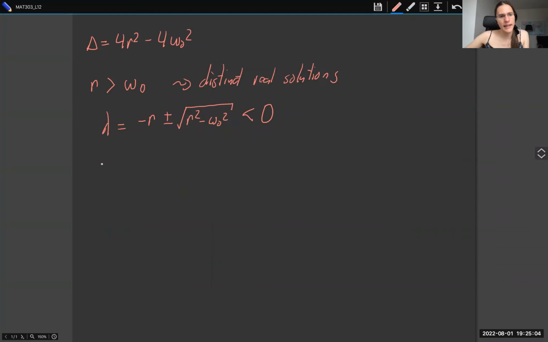And so what we get is that x is equal to, let's say, a e to the negative r plus square root r squared minus omega naught squared, plus b e to the negative, this is all multiplied by t.